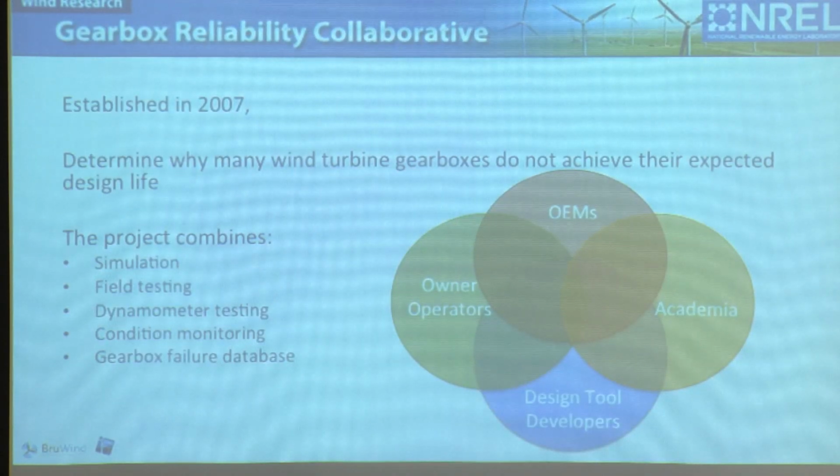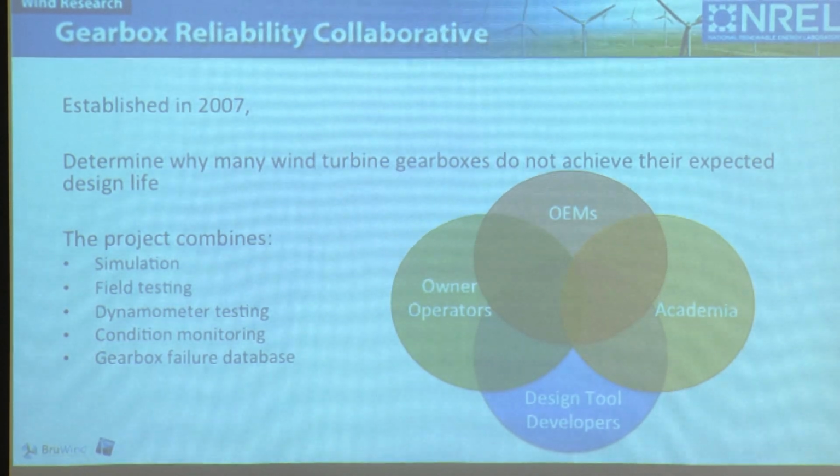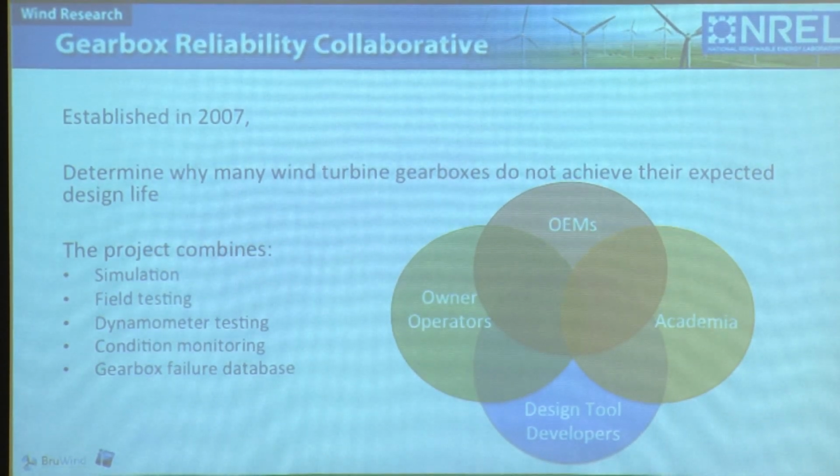Since 2011, I also work together with NREL, and more specifically with the Gearbox Reliability Collaborative. The Gearbox Reliability Collaborative was established in 2007. It focuses on gearbox. It's in wind. And the reason was that there is failure.